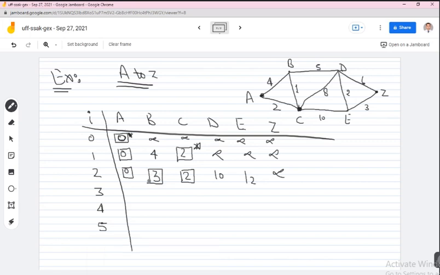Sir, please explain once more. What is I, sir? I is the vertex from where we start, and we are giving the permanent label to this. Sir, the vertices you have written on the left, 1, 2, 3, 4, which vertices do they indicate?